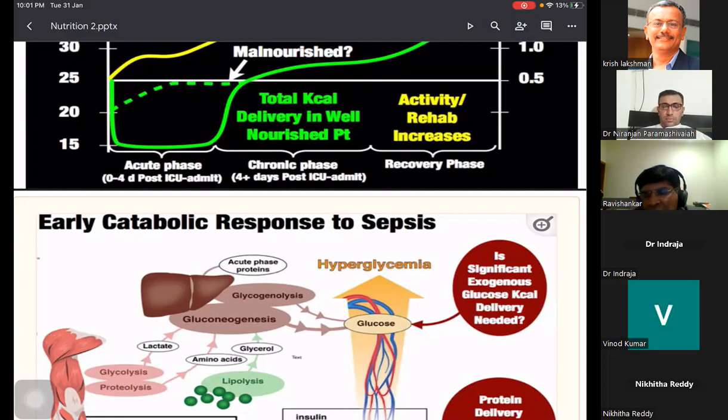If the patient is in sepsis or in the ICU, you can increase your protein concentration to 2 grams per kg, or if you are talking about nitrogen, from 0.14 you can go up to 0.19 gram of nitrogen per kg body weight.